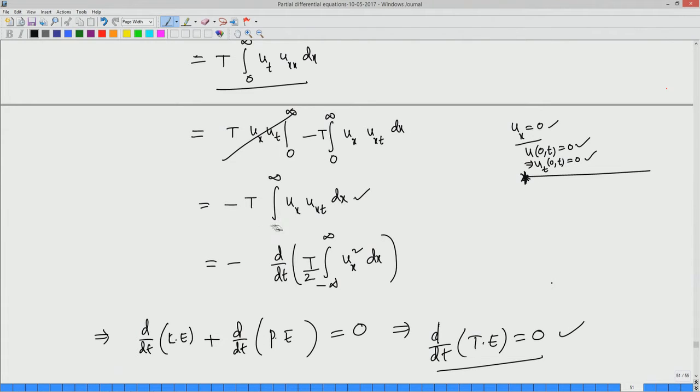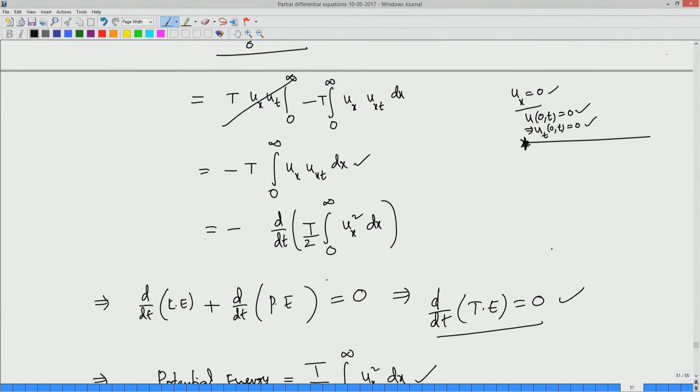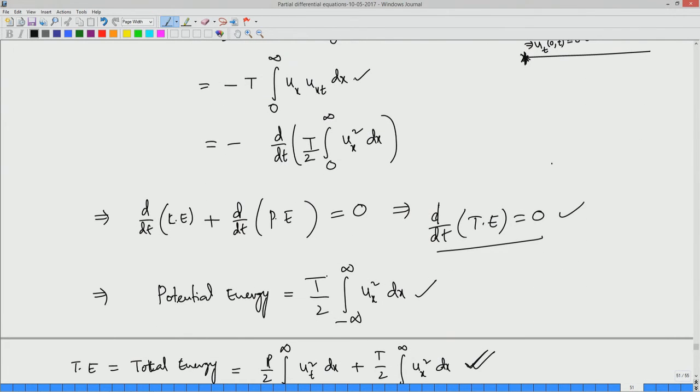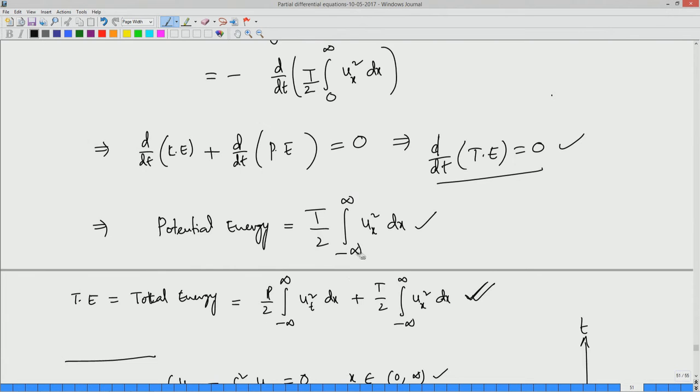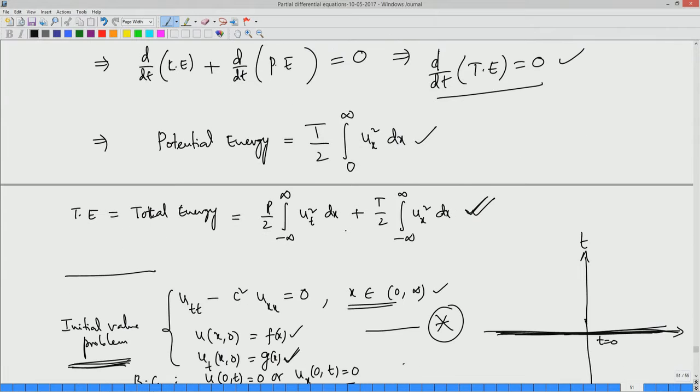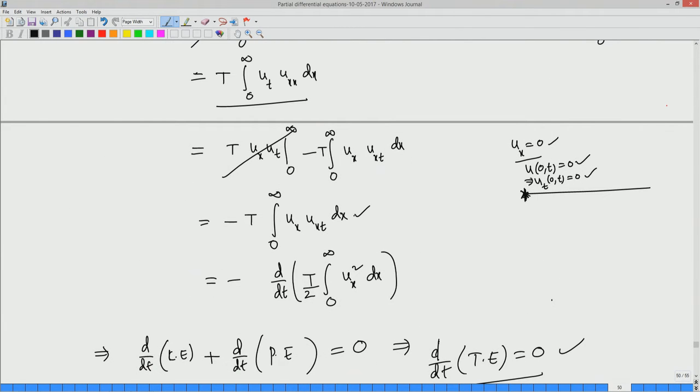So, in this case for the semi-infinite domain, this is your total energy, okay. The total energy is the kinetic plus potential energy, now defined from 0 to infinity. Whatever your boundary condition, either this or this, directly this becomes 0, there is no issue.